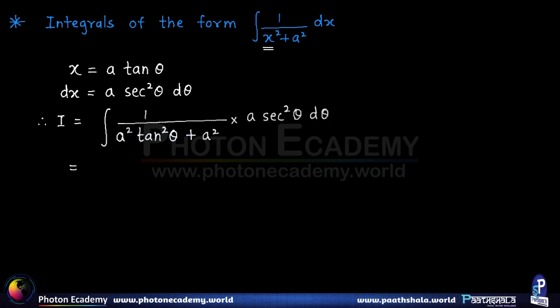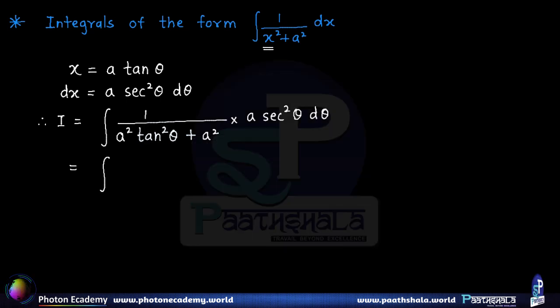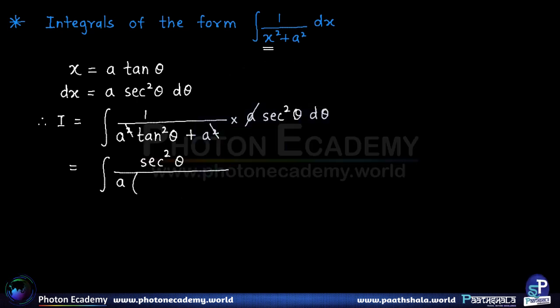So that gives us 1 upon, we can definitely cancel out a from the numerator as well as the denominator, and in the denominator we will have a common a square, and what remains in the bracket is tan square theta plus 1 d theta.